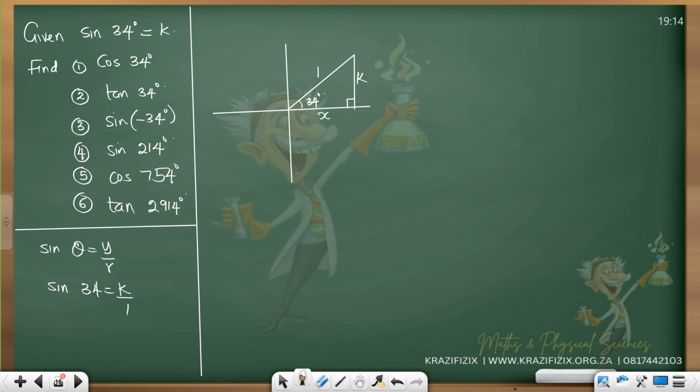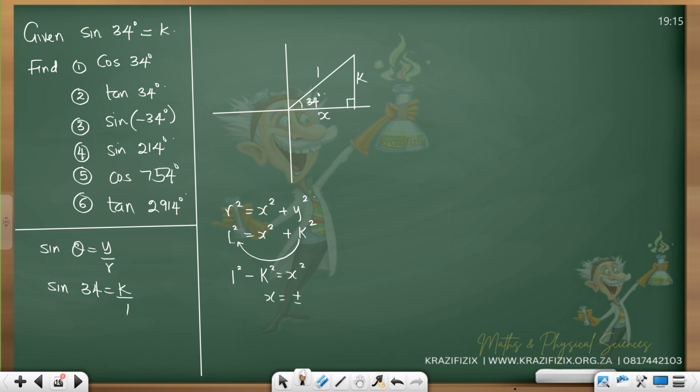How do we get X? Theorem of Pythagoras. R squared equals X squared plus Y squared. My R is 1, so 1 squared. X is not known. But my Y is what? K squared. Let's move this over there: X squared equals 1 squared minus K squared, because we're looking for X. Just basic algebra, my good learners.